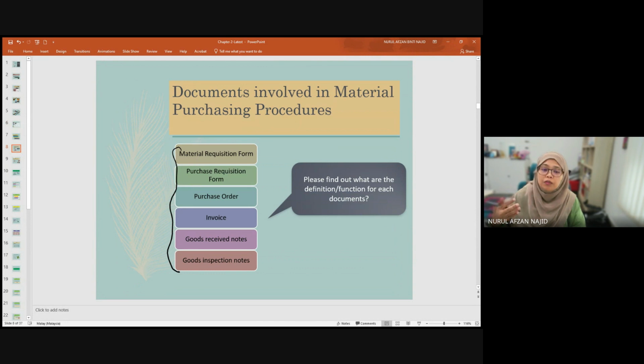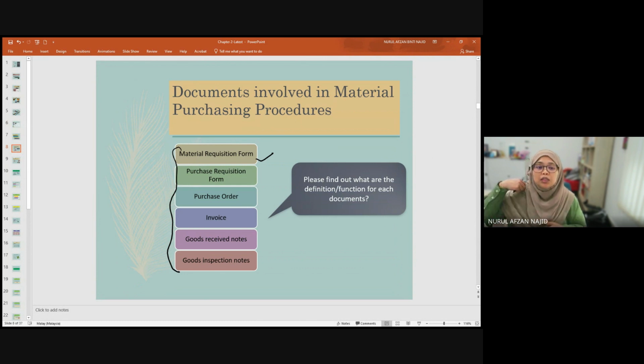But you need to find out what are the definition or function, apa kegunaan dokumen ni. Contoh material requisition form. Apa kegunaan material requisition form ni? Dekat department mana material requisition form ni diperlukan? Itu soalan yang selalu keluar. Okay. Purchase requisition form, apa kegunaan dia dan di mana department yang kita guna purchase requisition form ni.